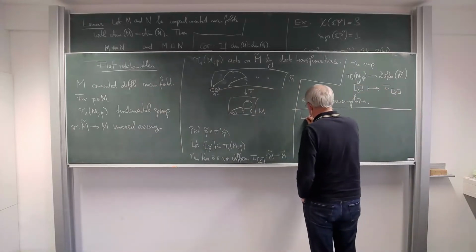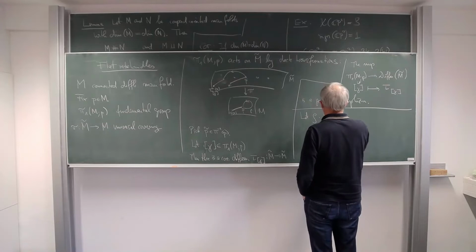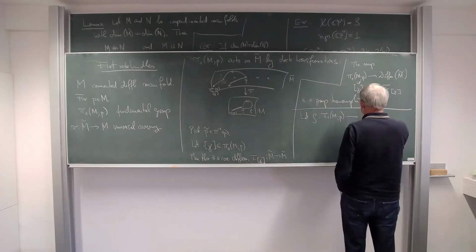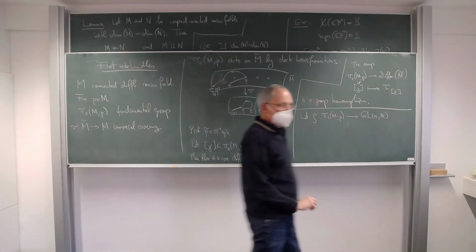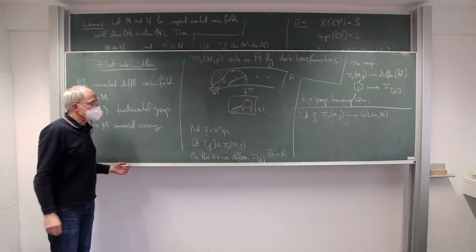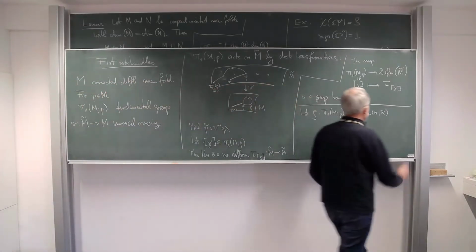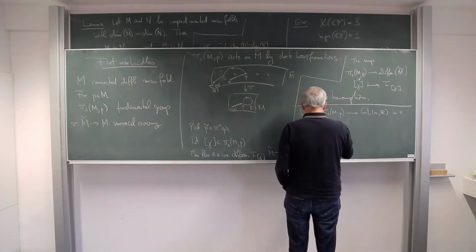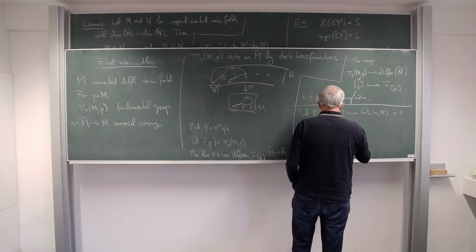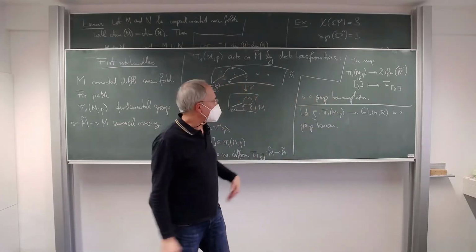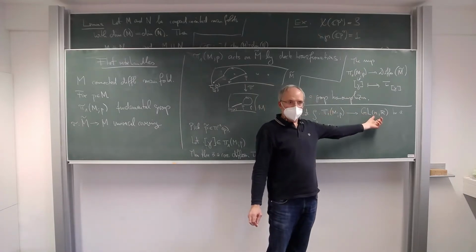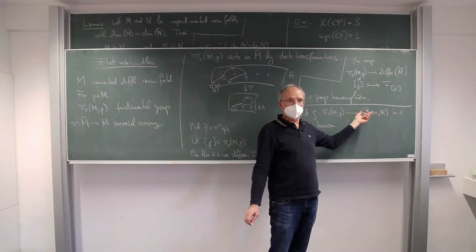Let rho from pi 1 to GL n be a group homomorphism, so that in the real case, the complex case will be just the same. Or in other words, we have a representation of this fundamental group on R^n.